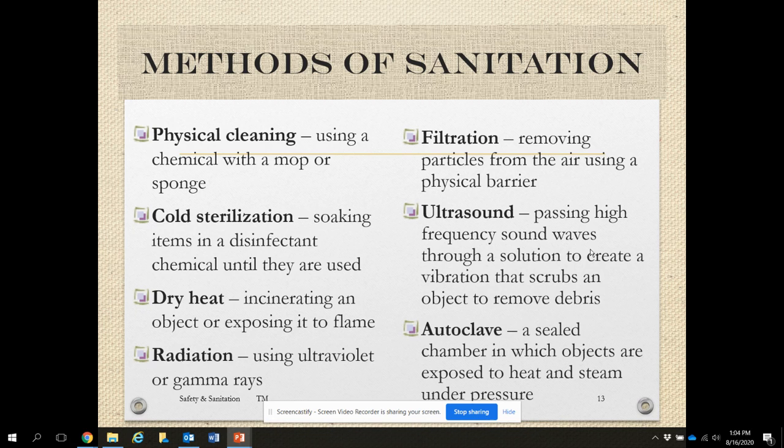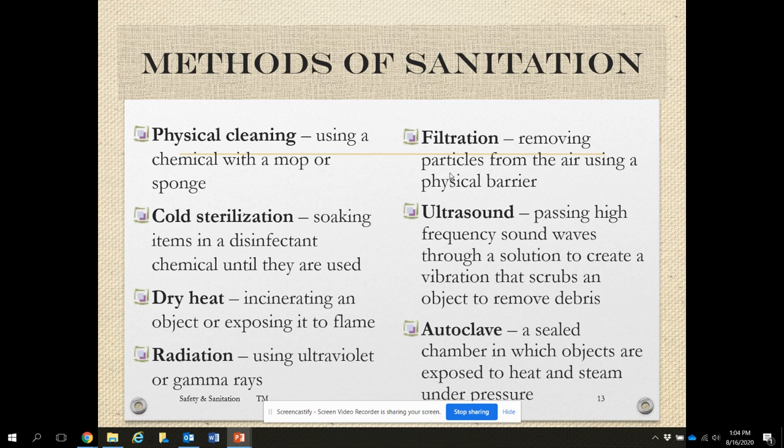Dry heat or incineration, that's with a flame. So in your senior year, when we do microbiology and we're working with bacteria, we use a flame on our inoculation loops. Radiation, there's ultraviolet or gamma rays that can be used for sterilization.